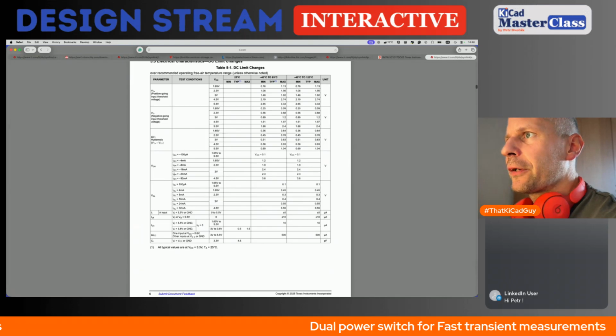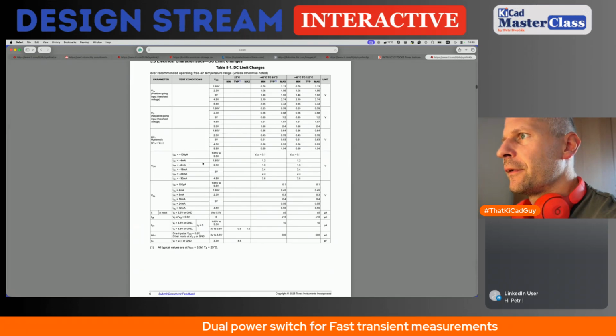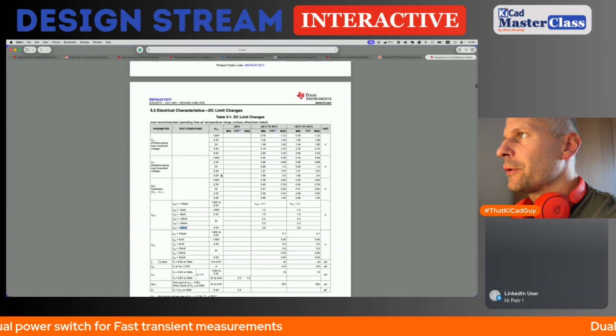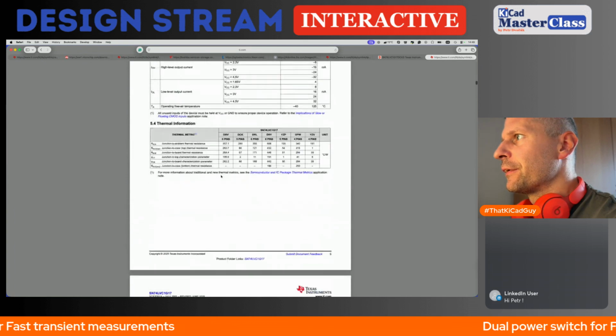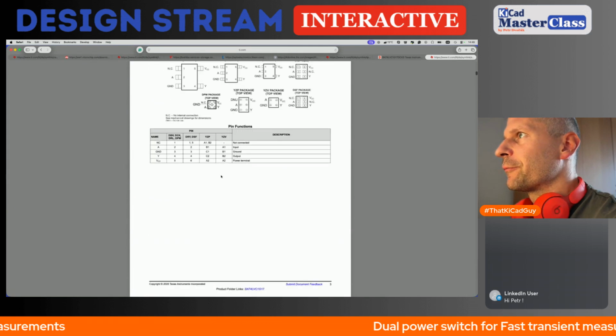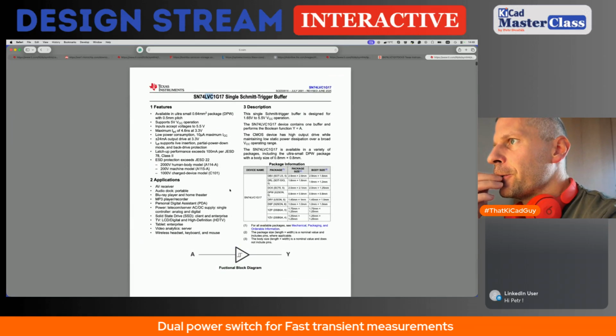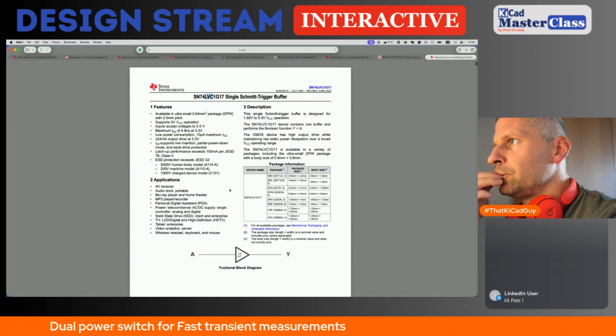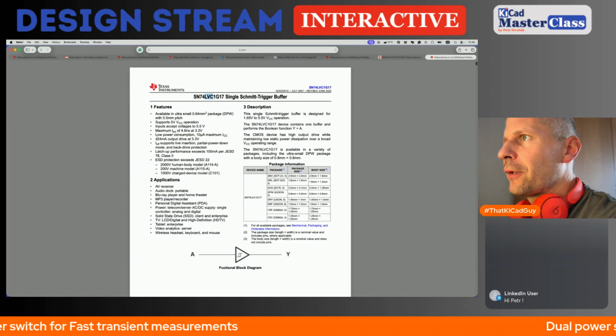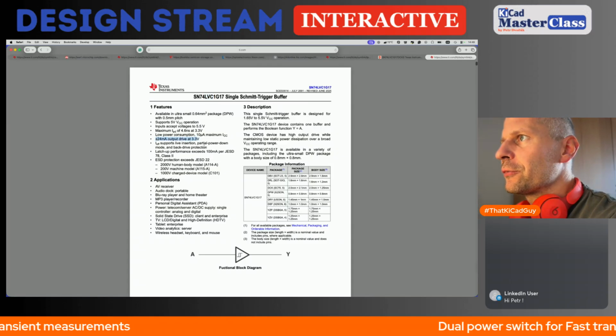And the driving capability. This is output characteristics. Yeah, they are talking about 32 milliamps, so this is the normal CMOS driver, LVC logic. Okay, so yeah, 24 milliamps output drive for 3.3.